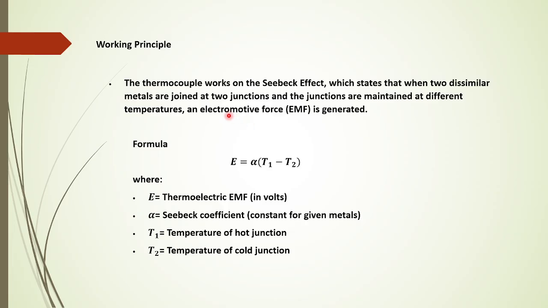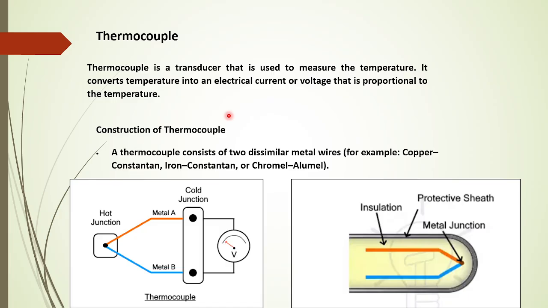For example, this construction diagram clearly shows the joint here. The temperature will not be similar for both the metals, it will be different.